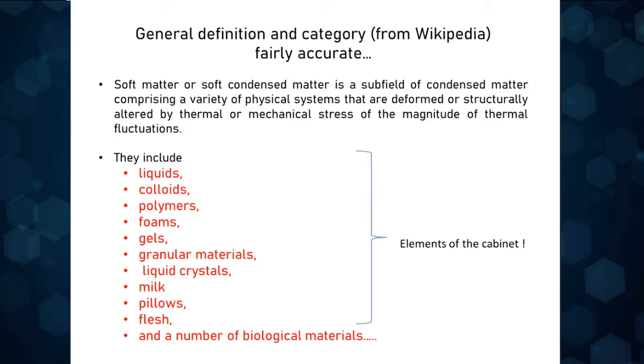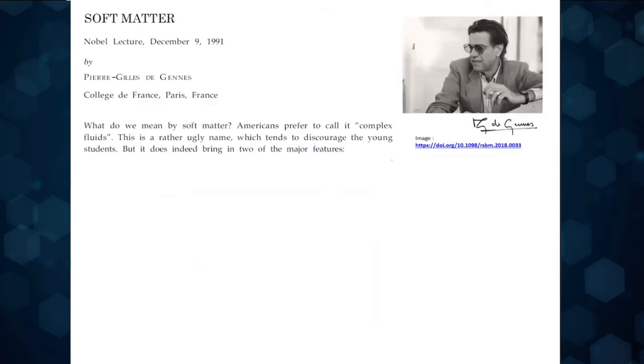For example, liquids, colloids, polymers, foams, gels, granular matter, liquid crystals, milk that we consume every day, even a pillow, the flesh of our skin, and a number of biological materials. All of them constitute soft matter in one way or the other. And as we progress, we'll see some very interesting aspects of these soft matter and how they can be adapted in optical applications.